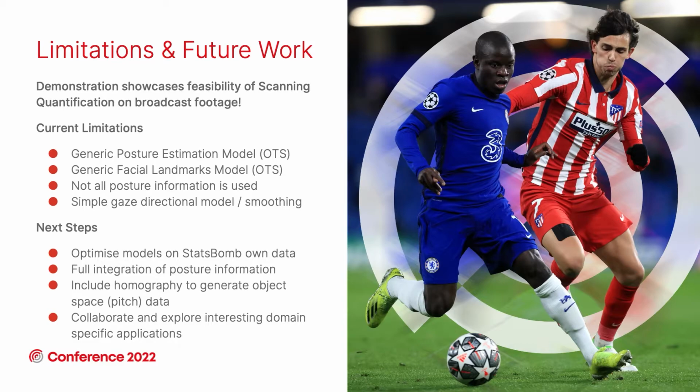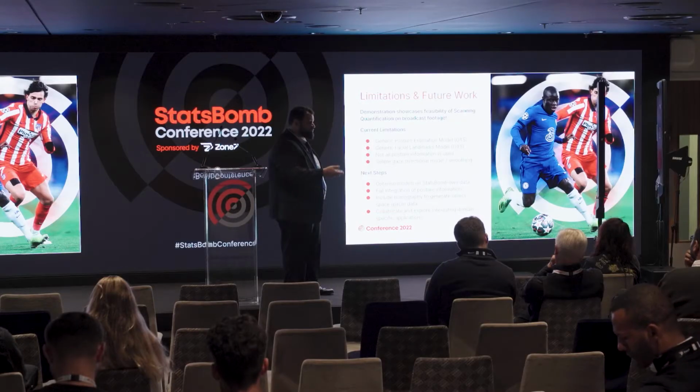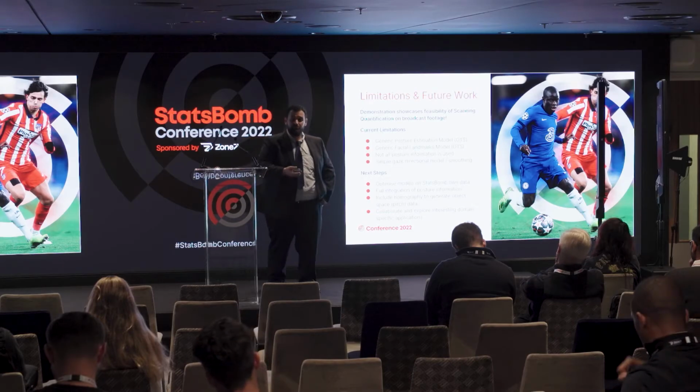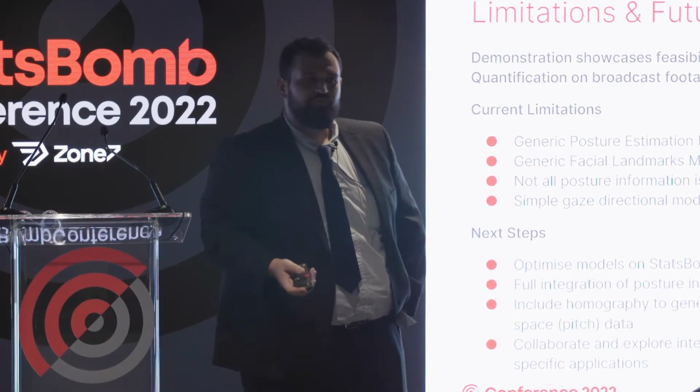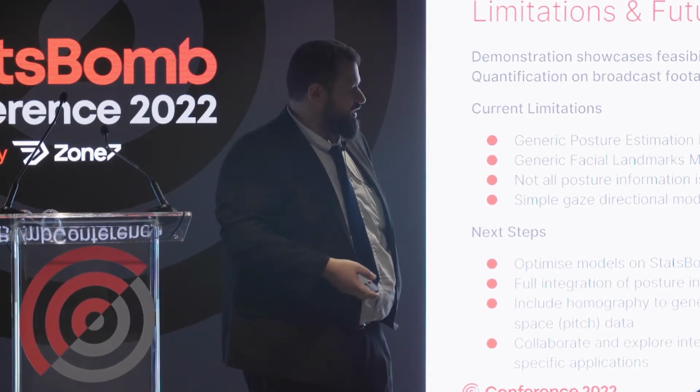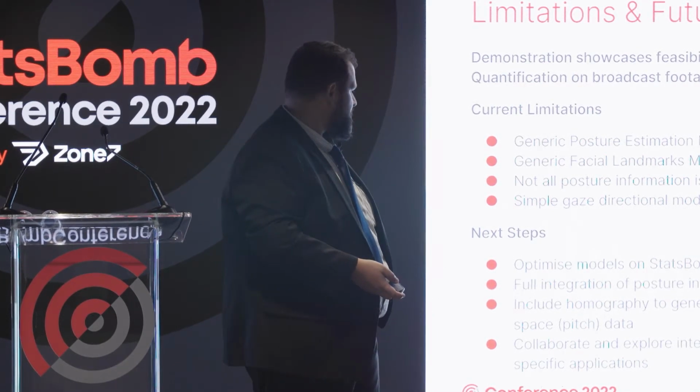We're very grateful because that data sets us apart, helping us build our models and make them better in so many different ways. So we can use that data to train much better models, to customize them for certain sports, etc. We also can use a lot more information from the posture estimation we generate. We only use a small fraction just to demonstrate the concept, but we can do it with a lot more, and that will certainly improve the accuracy and the performance.